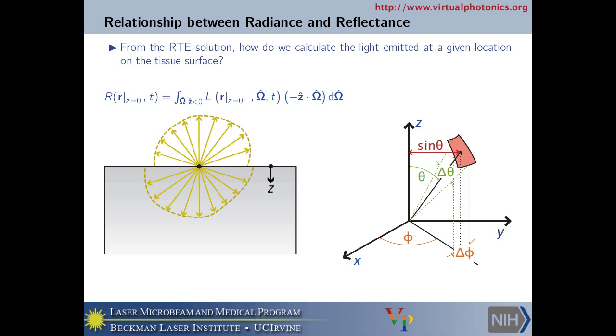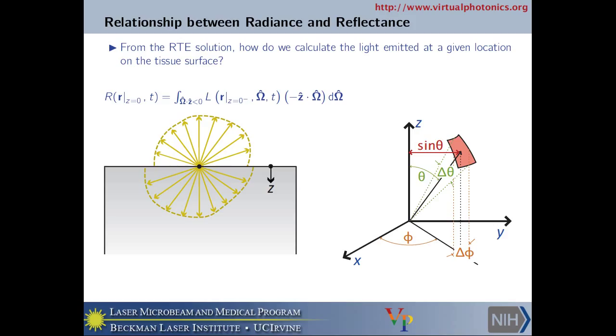Okay, so now the question is that if you're interested in imaging or diagnostics, you don't have access to this internal light field. You only have access to what's coming out of the surface. Okay? So this is a depiction of that graphically. I just want to note that typically you have a refractive index mismatch at that surface.